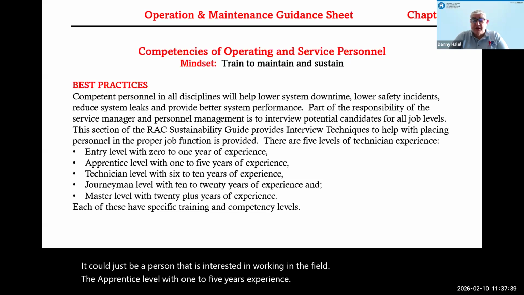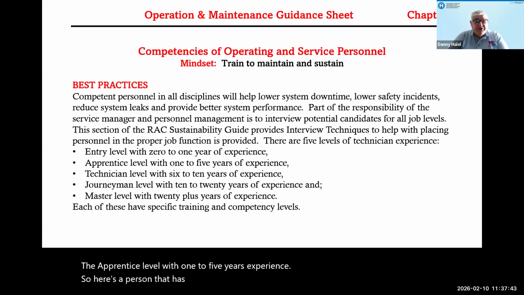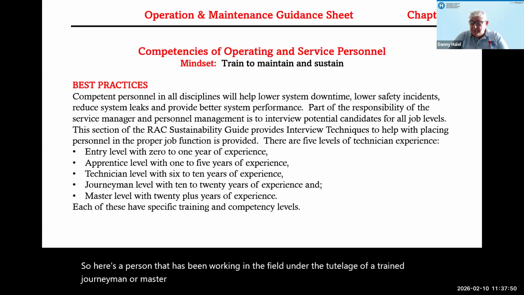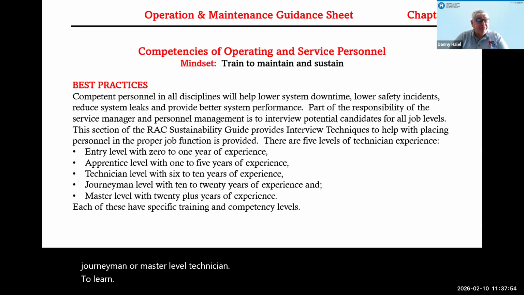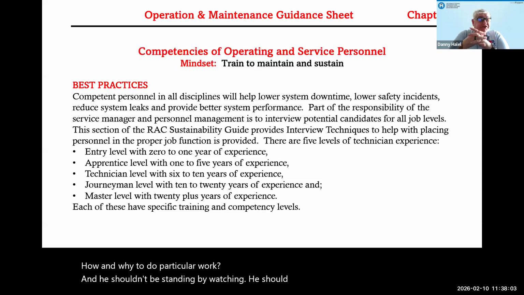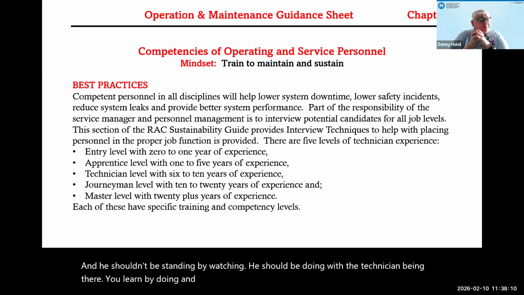So here's a person that has been working in the field under the tutelage of a trained journeyman or master level technician to learn how and why to do particular work. And he shouldn't be standing by watching. He should be doing with the technician being there. You learn by doing, and it's really important that we do that.